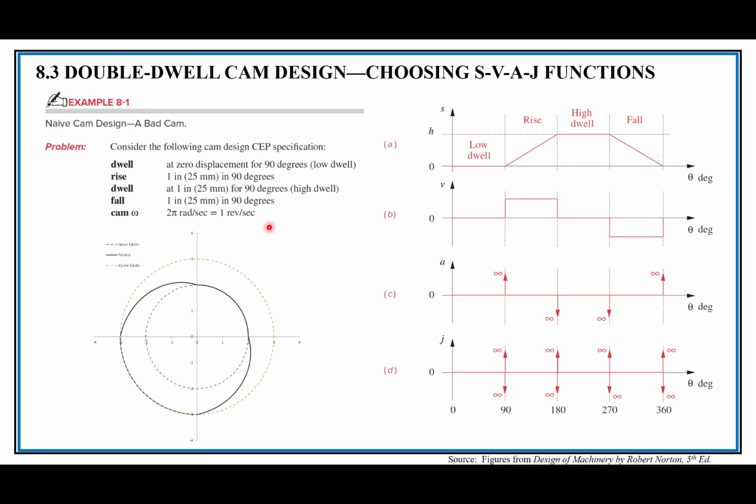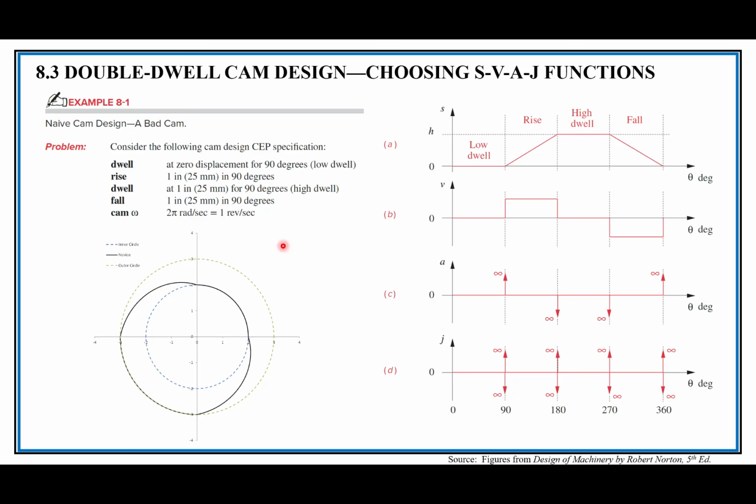This is what he calls the naive CAM design, the bad CAM design. What he says is he wants to rise 1 inch, so he wants to stay at the same position for 90 degrees, raise to 1 inch, stay at 1 inch for 90 degrees, and then fall down.